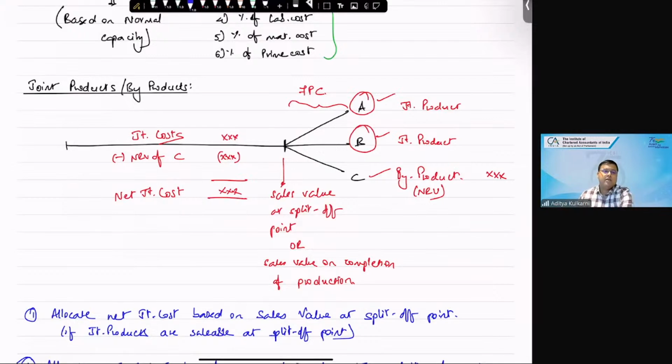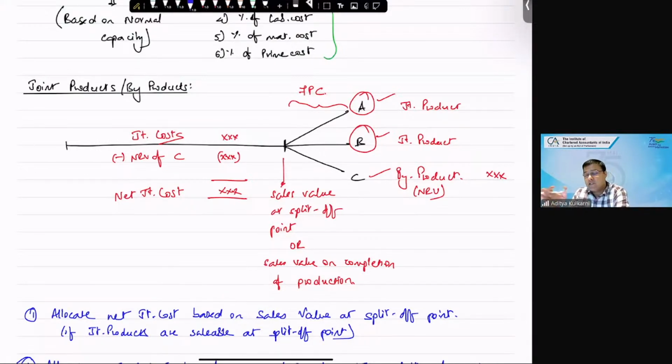Okay, so coming to the next one, joint and byproducts. You would have studied this or heard about this. Joint products are essentially when you have one manufacturing process resulting in two or more products. Byproducts, you may not intend to produce, it gets produced out of the production process.